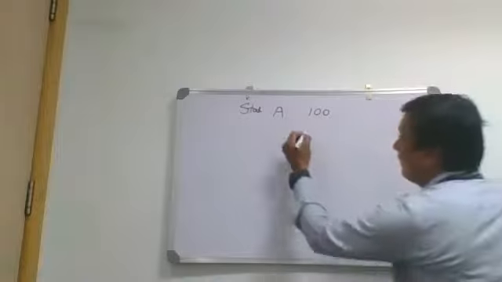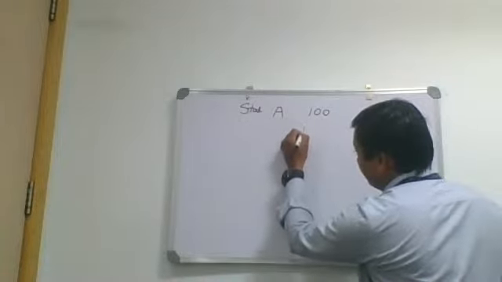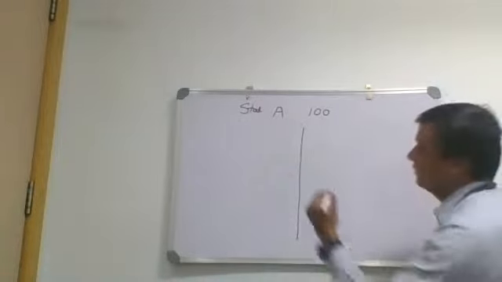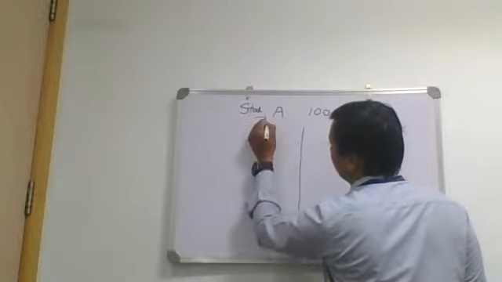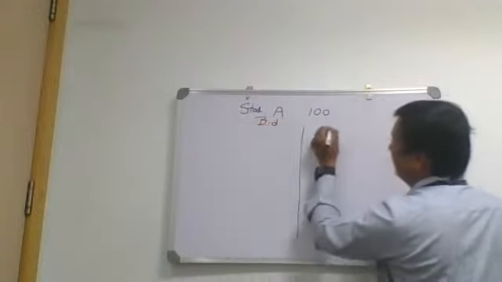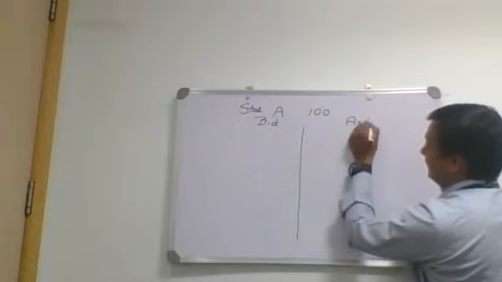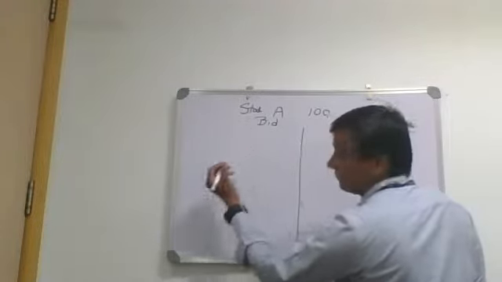So usually, for an exchange, we will have a book. This is the bid side, and this is the ask side.